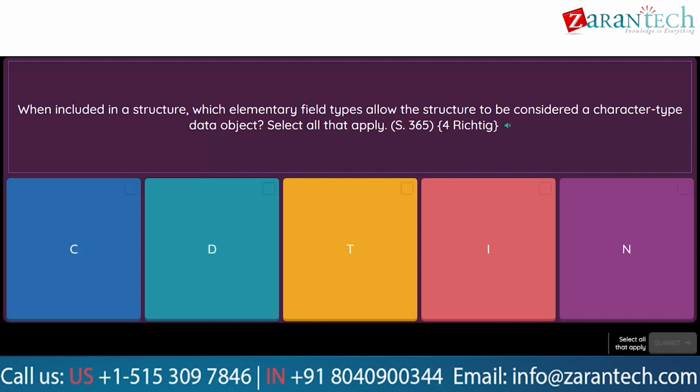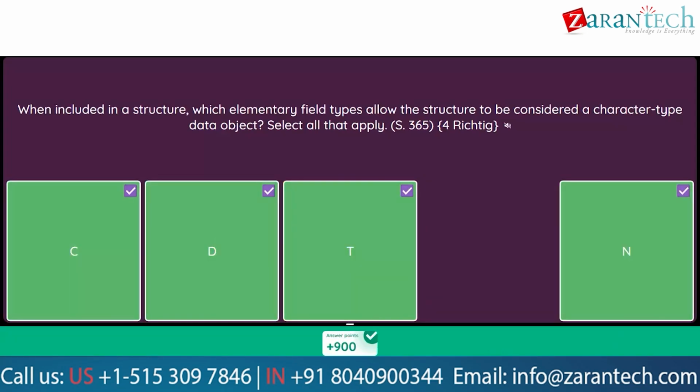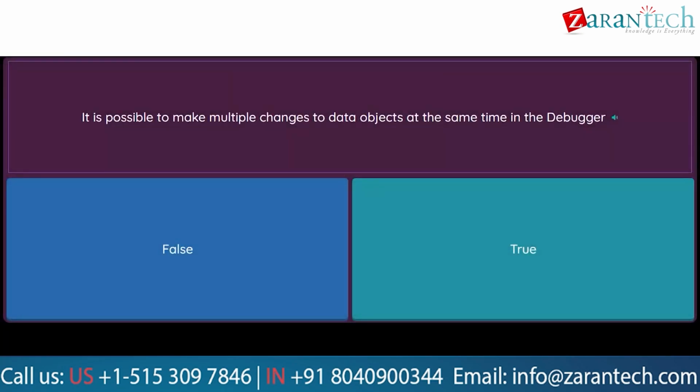Option 1, C. Option 2, D. Option 3, T. Option 4, I. Option 5, N. Question: it is possible to make multiple changes to data objects at the same time in the debugger. Option 1 false. Option 2 true.